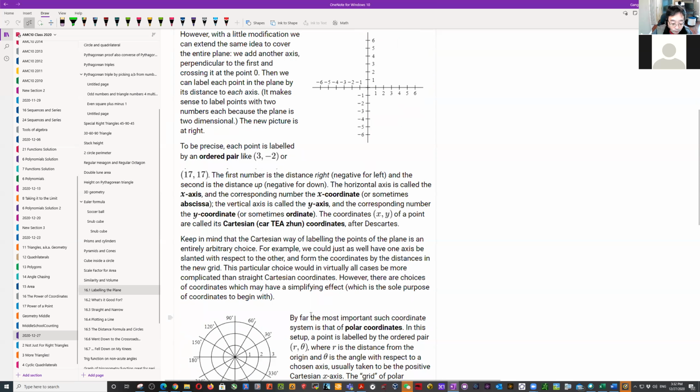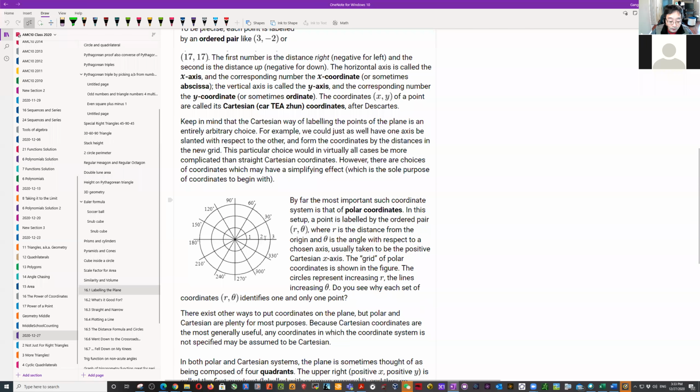Just keep in mind, it's not the only system. There are other systems, like the polar coordinate system, which uses a different pair. For example, this is a system which uses a radius and angle pair.